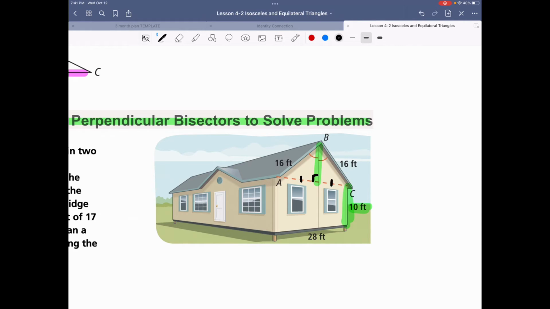So let's see. If this side over here is 28, like all the way across is 28, then each of these pieces has to be 14. How did I get 14? Yeah, half of 28. So I'm just going to draw this triangle out here on the side.